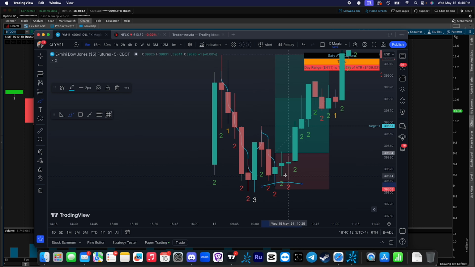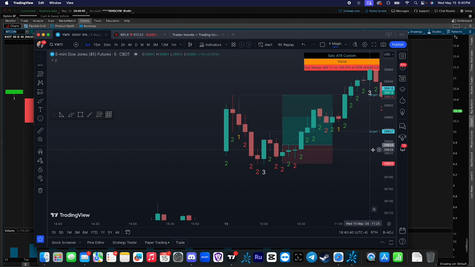Because if the sellers were in control, we would break this low, which in this case it did not. Instead, the buyer stepped up, formed a higher low, reversed price up, and then just took it higher. So a W is just a failed H pattern. The idea is that sellers got overtaken and the buyer stepped up to reverse price in their favor.